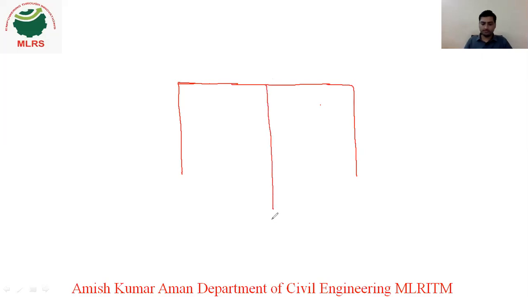Now coming to drawing of the bending moment diagram, let's make it. This is your frame, fixed here and here also. Names A, B, C, D, E, and F. At D, we got moment.